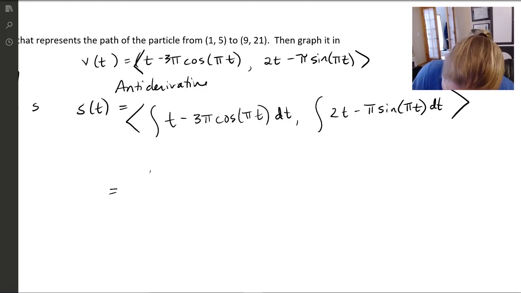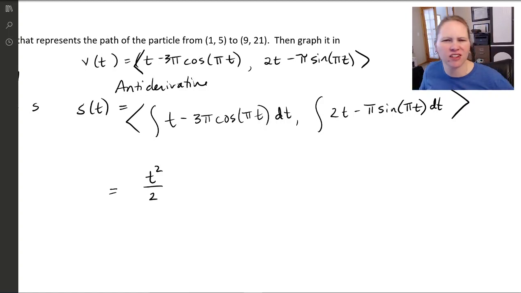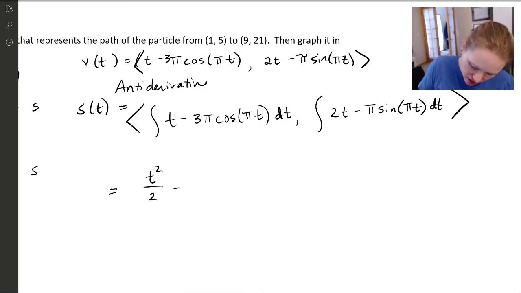So here we go. This will be t squared over 2. Oh, and then this 3 pi, that's just a constant. It's a number in the front. So I'm going to have minus the antiderivative of the sine. Remember our wheel of sines here. We've got sine, cosine, negative sine, negative cosine. So the antiderivative of sine is negative cosine.